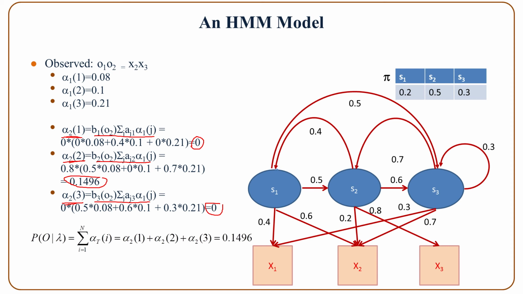And then putting all the numbers in the sum from 1 to N for all the states at time capital T, which is time 2, we get this. And this is the probability of the sequence O given the model lambda.